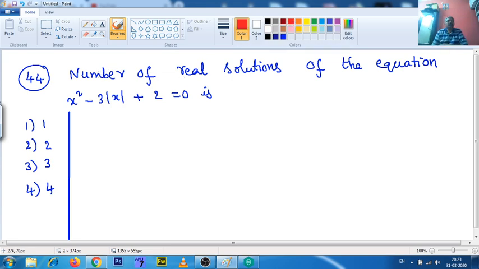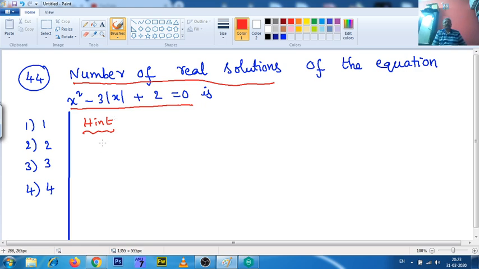Now, see, number of real solutions of the equation x square minus 3 mod x plus 2 is equal to 0. This question we need to find out. So, first let us find out the mod x value, then we can determine the number of real solutions that exist for the given quadratic equation.